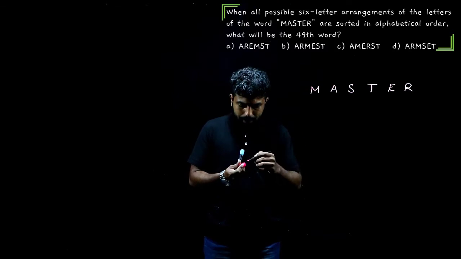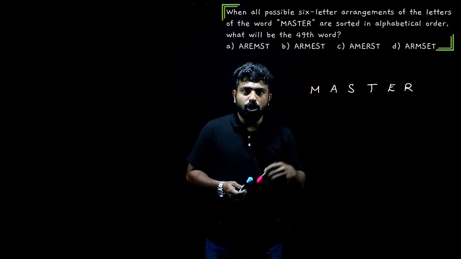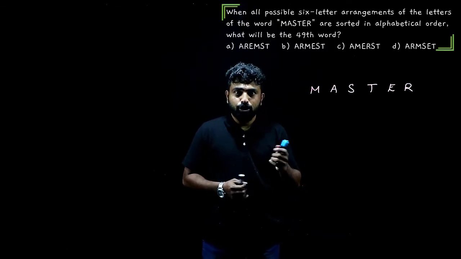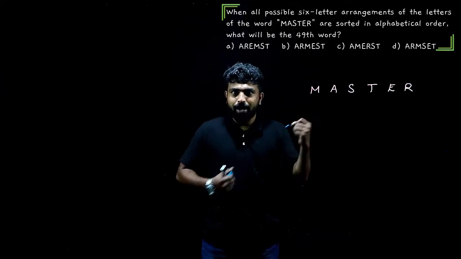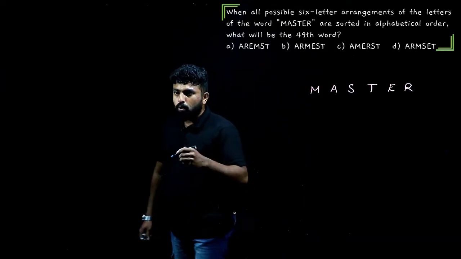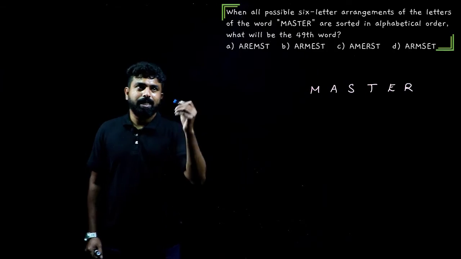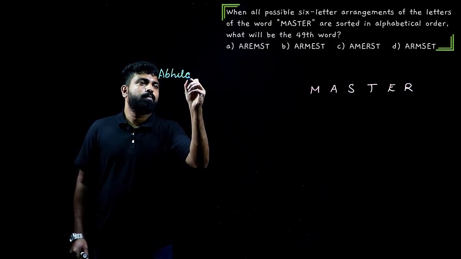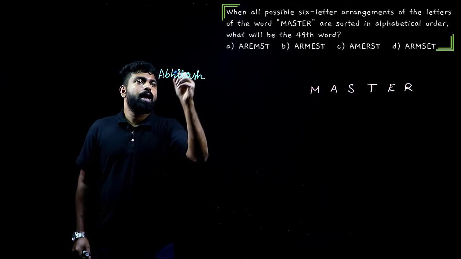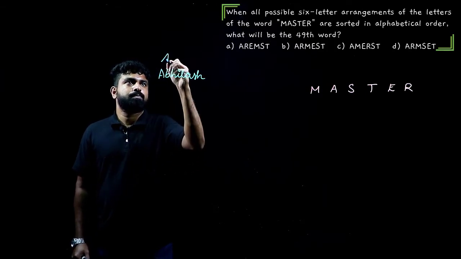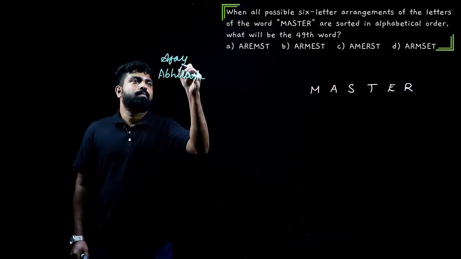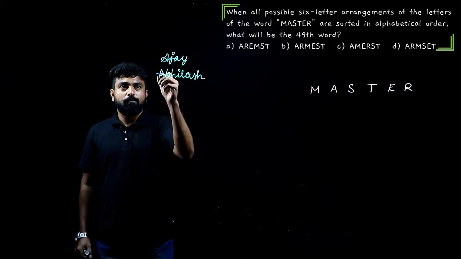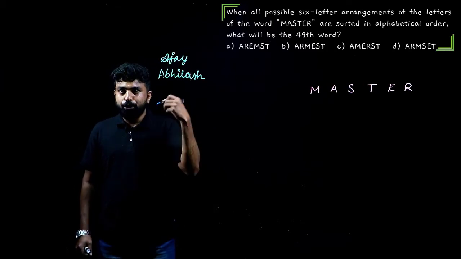It is very simple. It's like your attendance register arrangement. So remember your olden days where the attendance was taken. Whenever there were two names, let us say Abhilash and Ajay, who would be roll number 1 and who would be roll number 2? How would you arrange this?